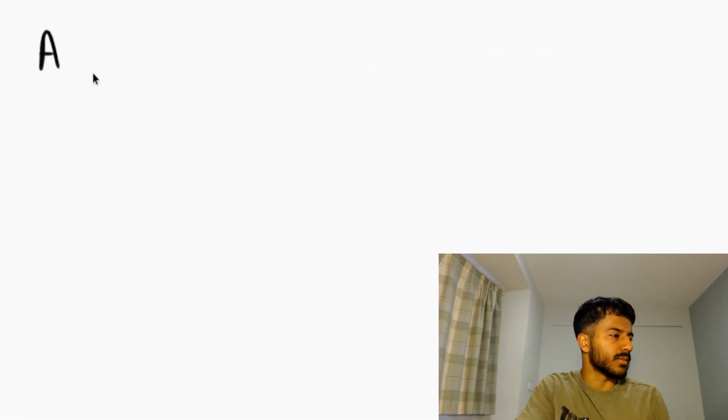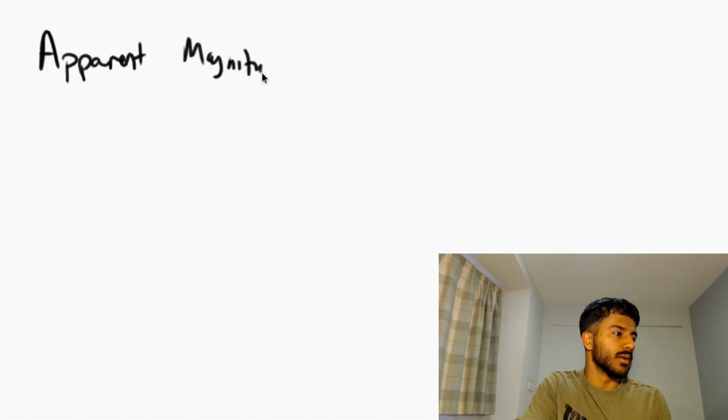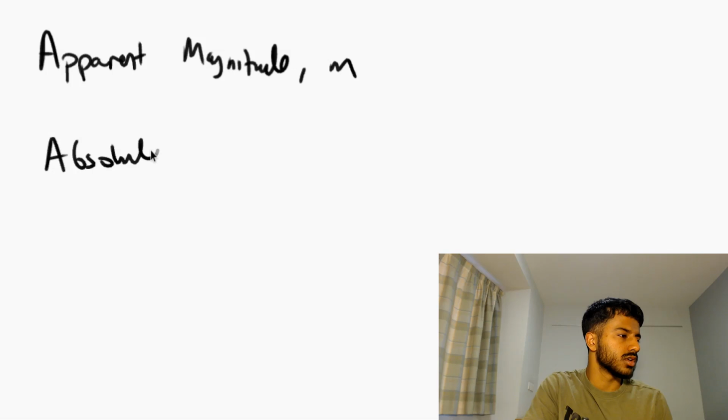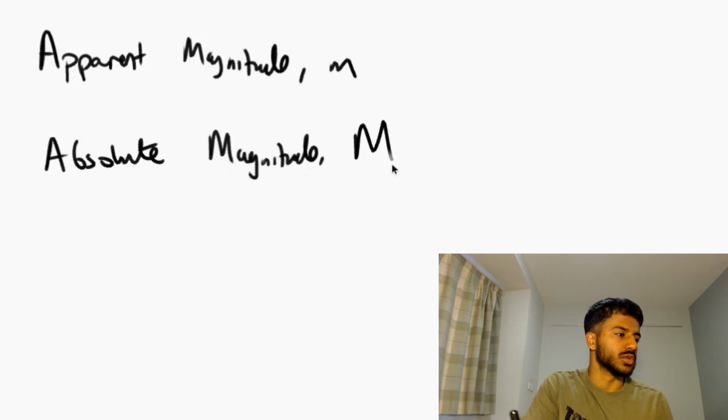We're going to denote apparent magnitude by a little m, and we're going to denote absolute magnitude by a capital M.